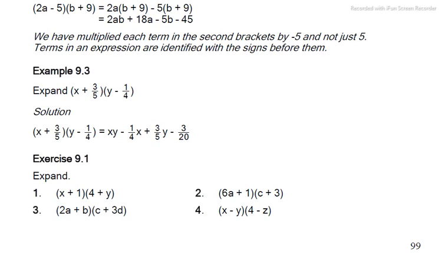the second bracket, and therefore we shall get x times y minus x times a quarter to give us xy - 1/4 x + 3/5 y - 3/20.